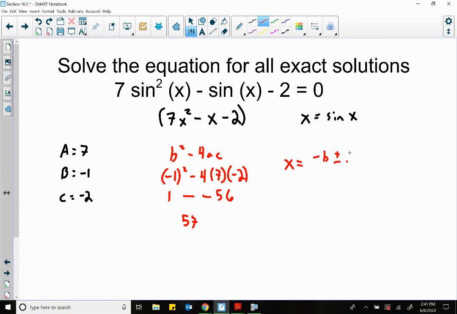plus or minus the square root of b squared minus 4ac, but we already know that number. That's what we found right there. All over 2a.